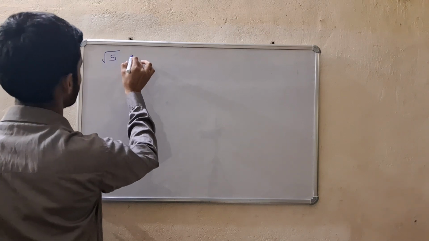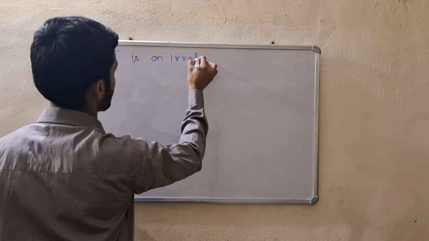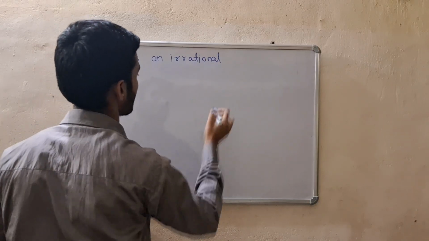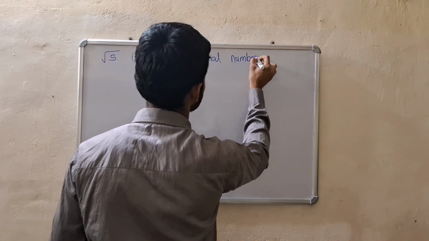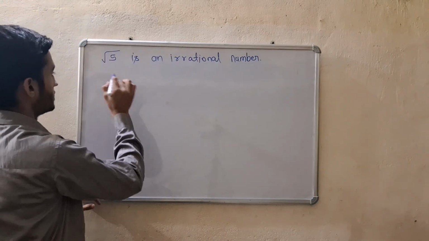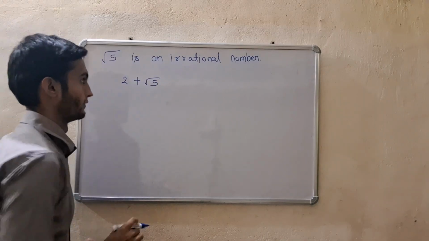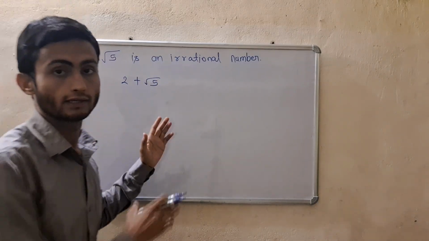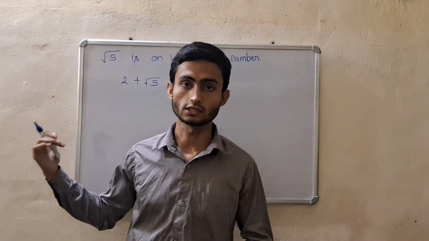Square root of 5 is an irrational number. Now let's add an irrational number and a rational number. Let's say 2 plus square root of 5. So we are adding a rational number and an irrational number. What will be the answer to it?